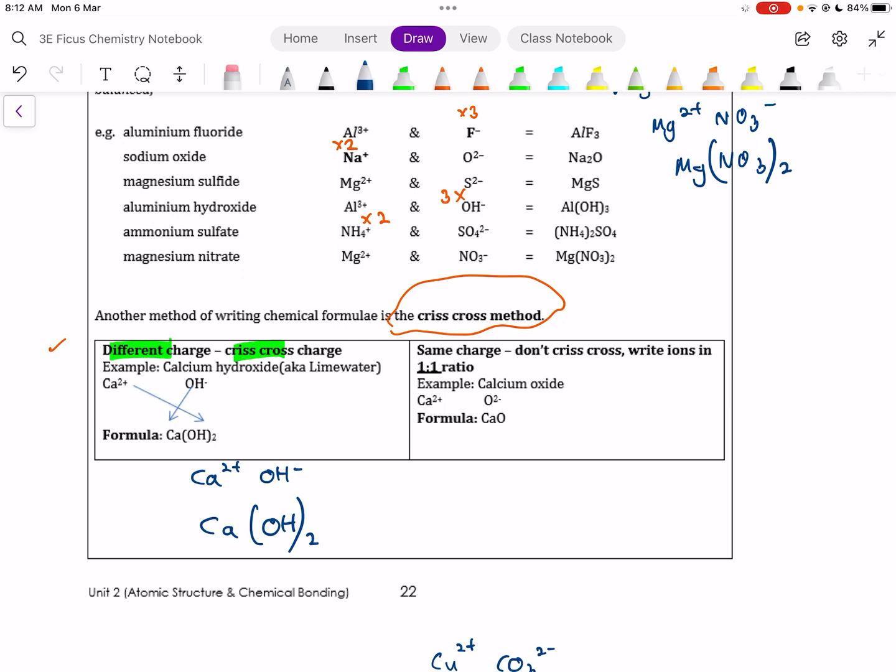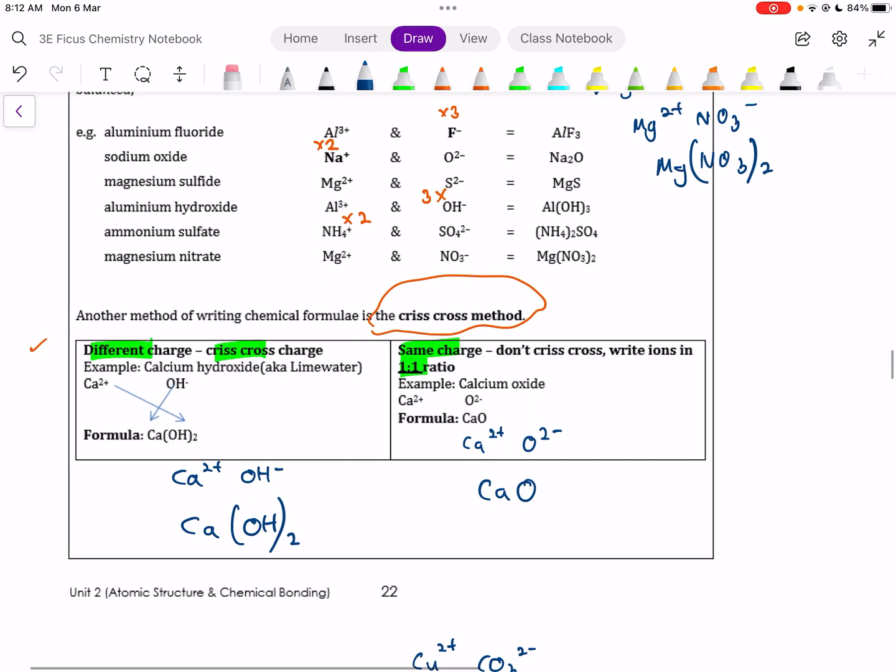Then the next thing: if you have the same charge, for example Ca2+ and calcium oxide O2-, then you write it down 1:1, same charge, 1:1. So this one gives you CaO. Also you might have sodium chloride, for example, Na+ and Cl-, so this is NaCl.